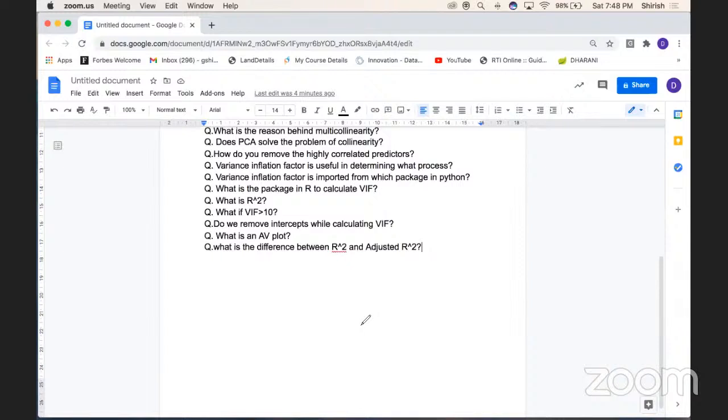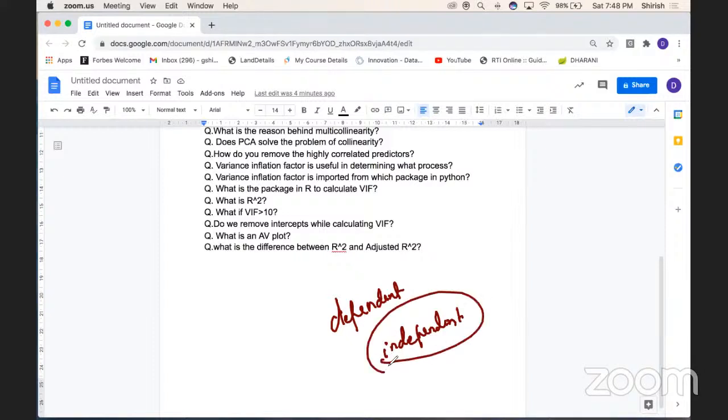So what does it mean? It is calculating the variation. It cross checks what your dependent variate is and what your independent variables are. It will check the variation of all these independent variables on your dependent variate.